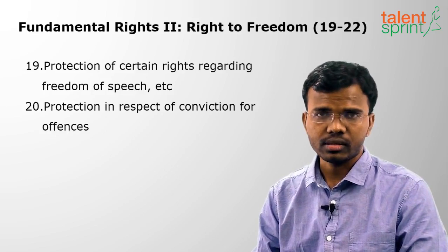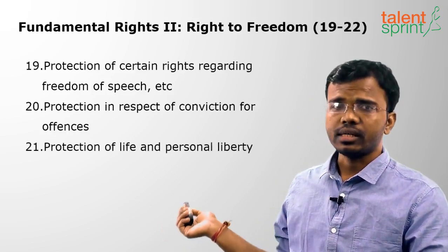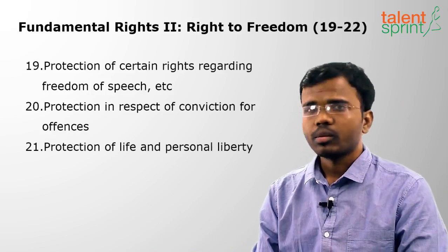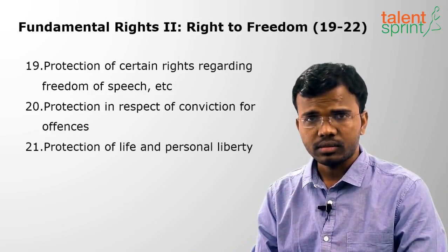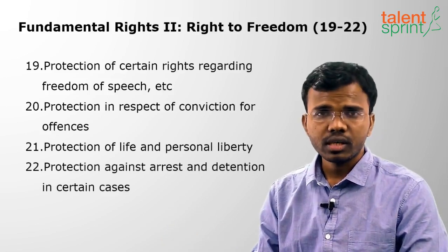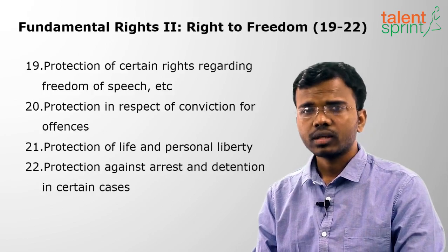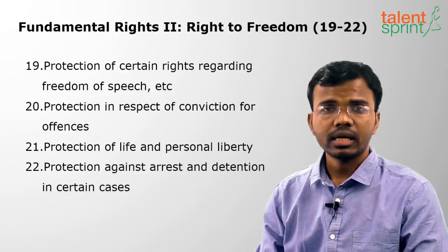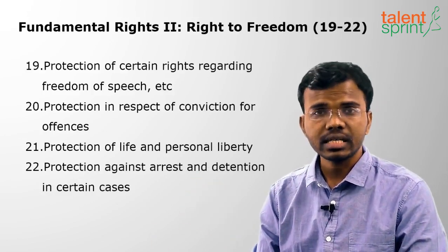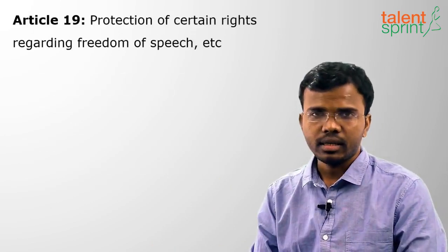So what are the protections available in that case? Next is 21, protection of life and personal liberty. And this is Article 22, protection against arrest and detention. We'll see about them in detail.